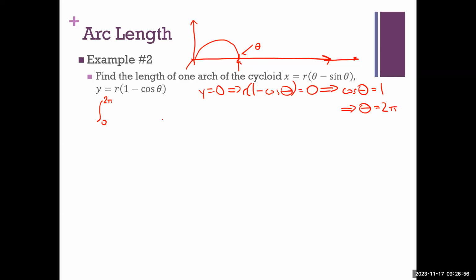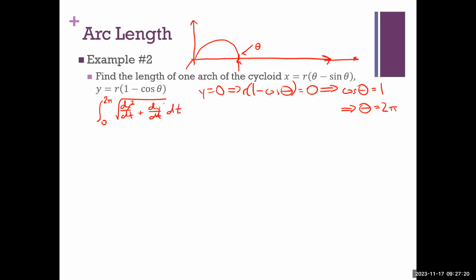Definitely need those. But what's the function I'm going to integrate? Dx over dt. What was that, Saul? And dy would be, but under radical. Okay. So the square root of dx/dt plus dy/dt squared.